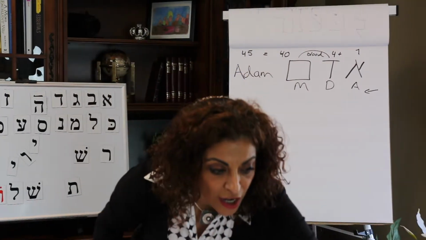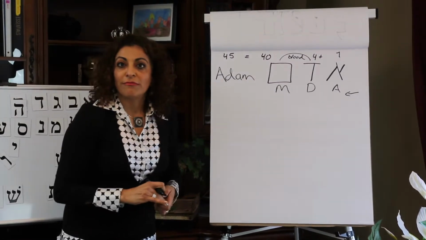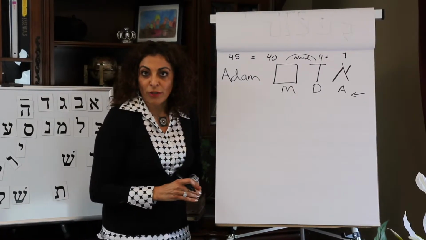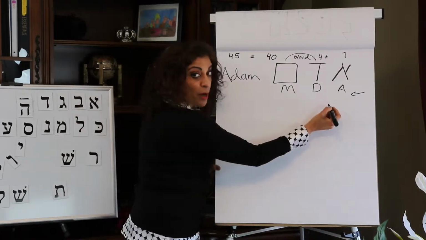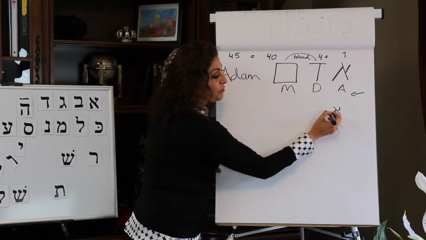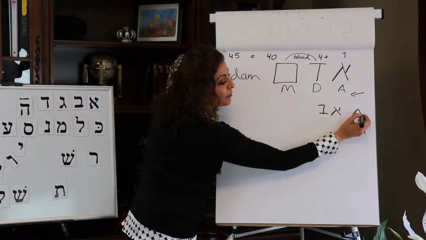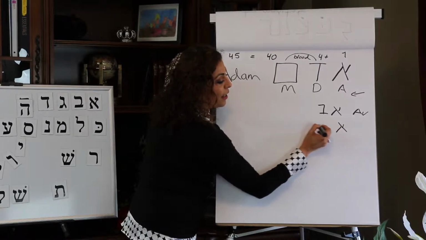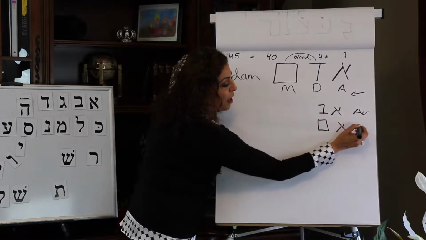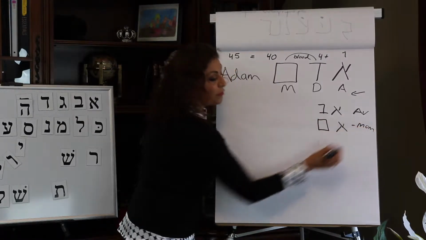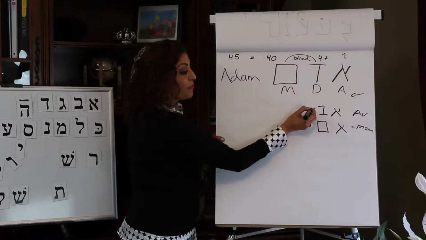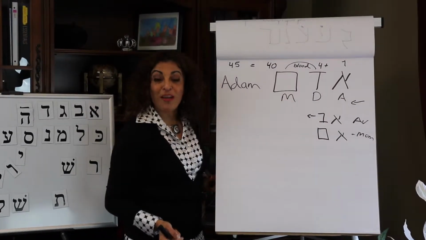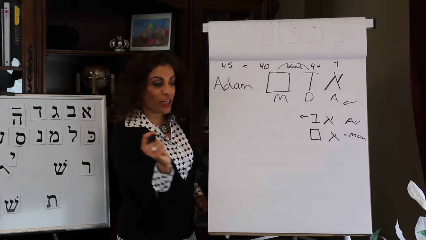Now, who gives us the blood? Mom and dad, right? Dad, Av, is dad. Em is mom. Let's do some gematria, some numerology.